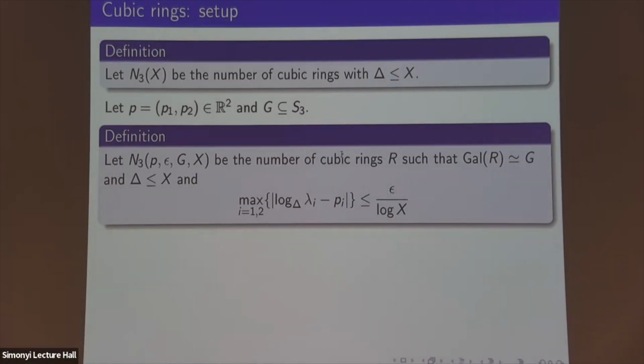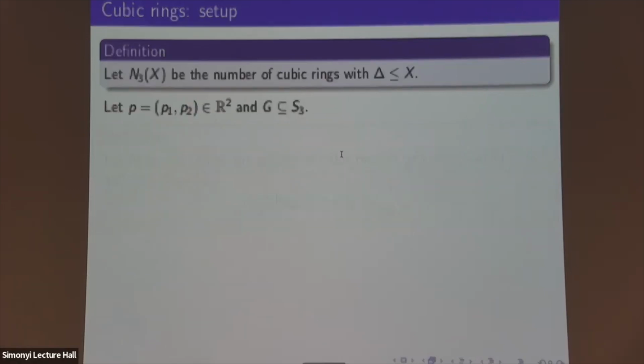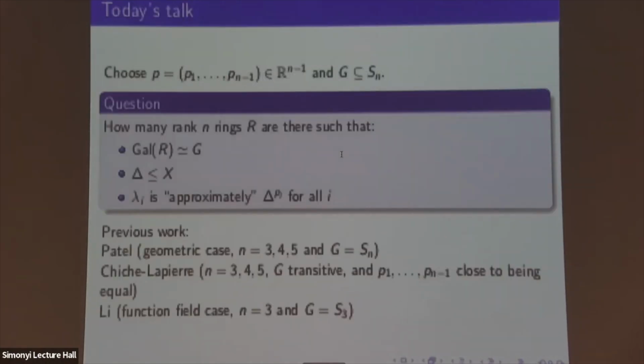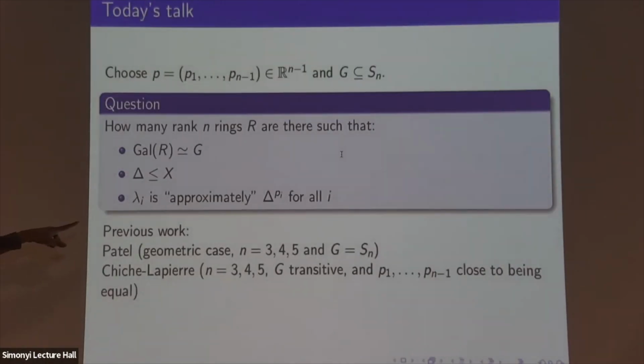If we take the ith successive minimum, take the log of that with respect to the discriminant, and look at the Euclidean distance of that point from Pi, that Euclidean distance is bounded above by epsilon over log X. This choice of epsilon over log X is a way to quantify "approximately."